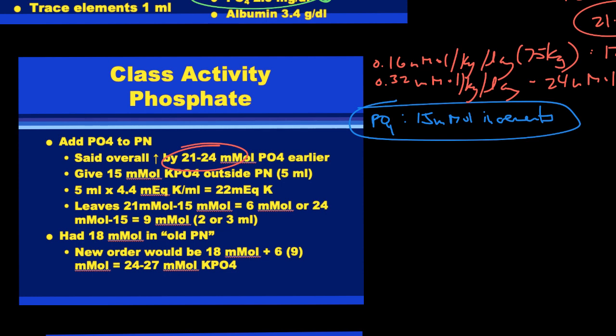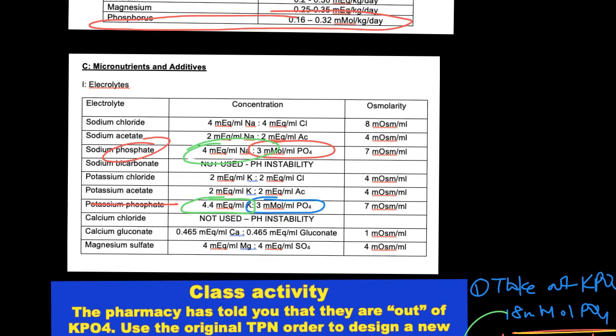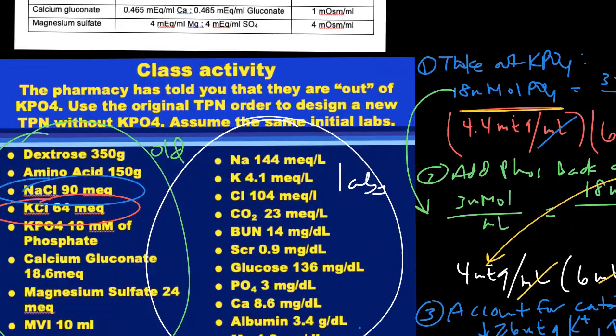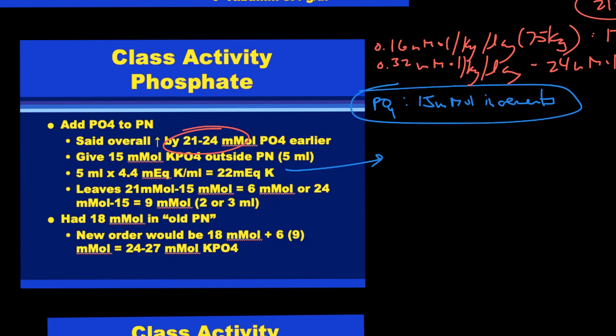So, you know that K-phos is 4.4 milliequivalents per milliliter, times 5 milliliters, because one packet of 15 millimole K-phos is 5 milliliters.